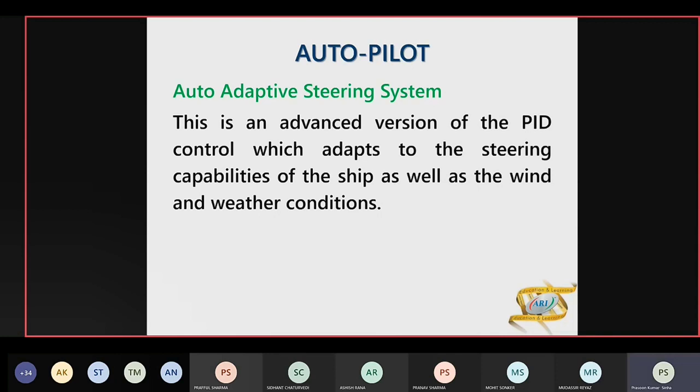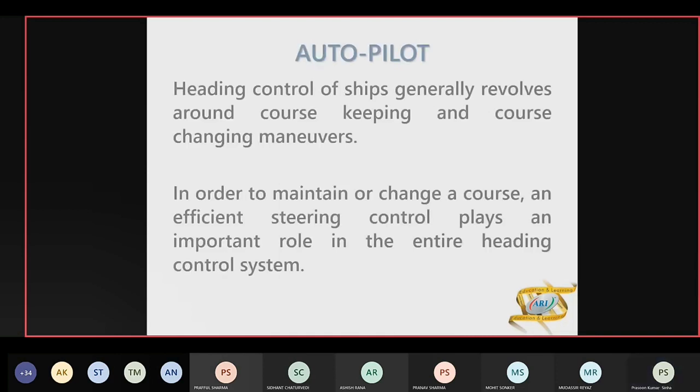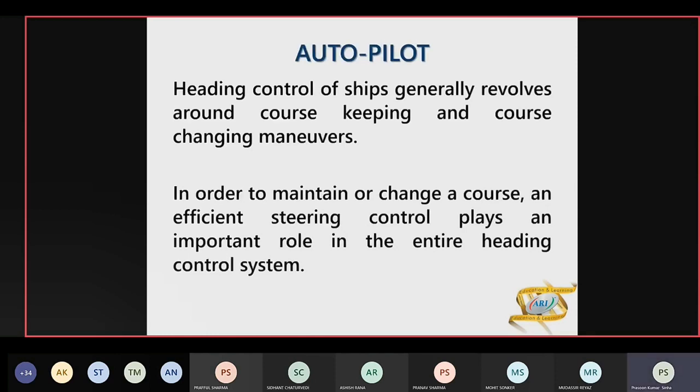Then estimation कि ये करूंगा तो वो होगा. So over a period of time, these observations are made, and then the action or behavior is predicted for a given action.